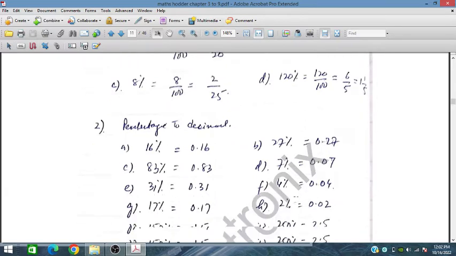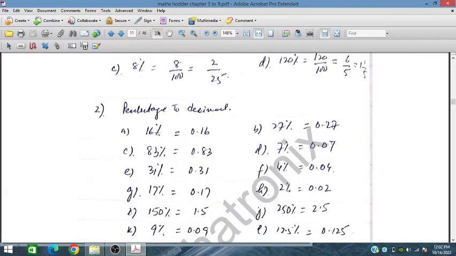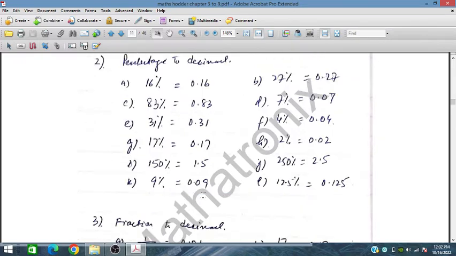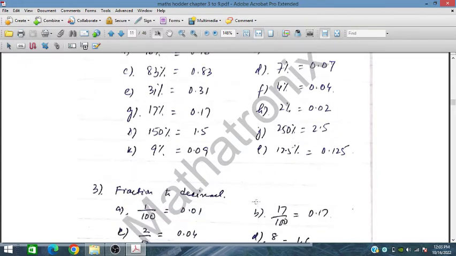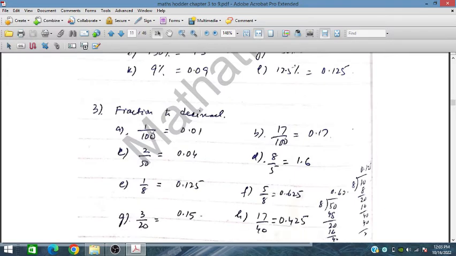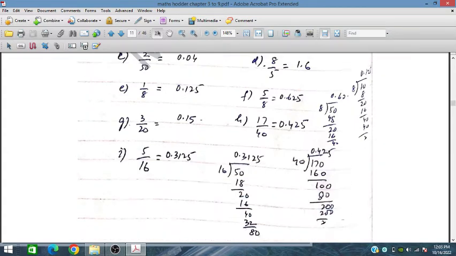And this is percentage to decimal. 16 by 100 is 0.16, 83 by 100 is 0.83. Similarly, 150% means 150 divided by 100, which is 1.5, and 250 divided by 100 is 2.5. So fraction to decimal, 250 is this, 1 by 8 is this.